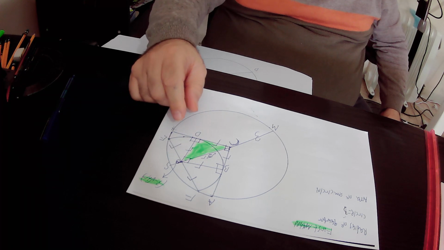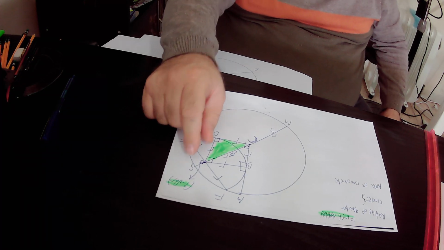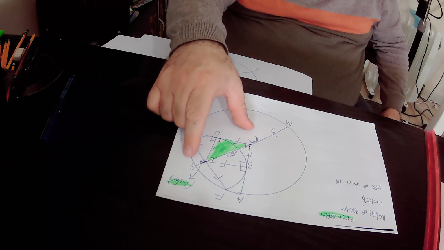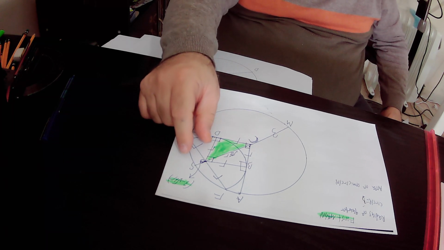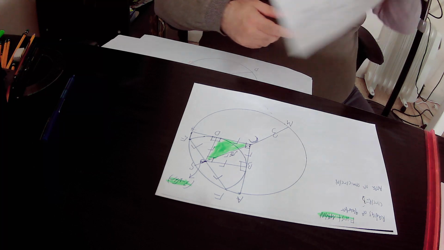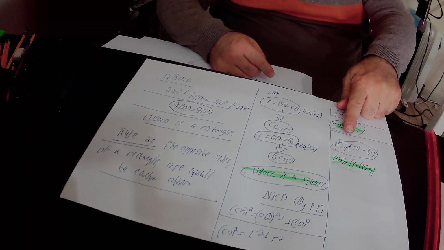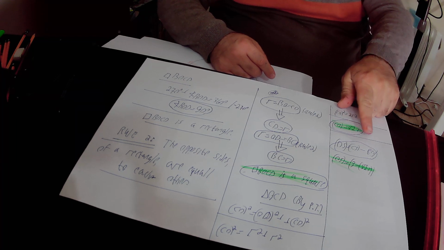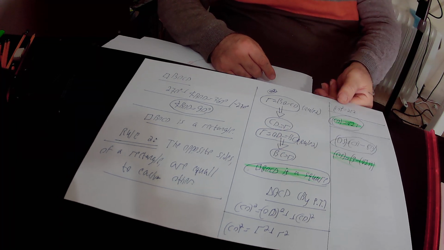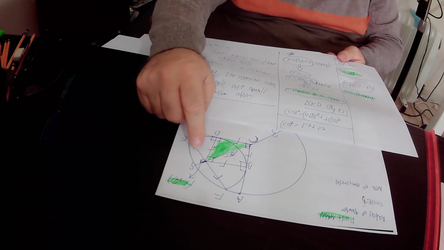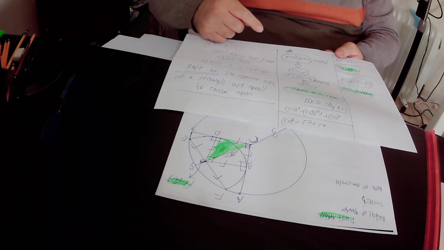From the drawing, it is very easy to see that SO equals SC minus OC. Here, OS equals CS minus CO.